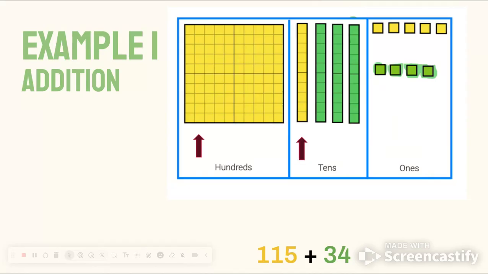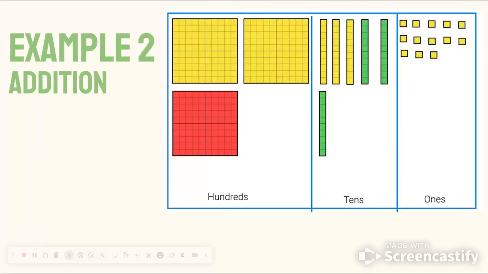So again, 100, the 10, and then we count 1, 2, 3, 4, 5 of the ones. So we get 1 plus 1 plus 1, and then the 10, also 1 plus 1 plus 1, and then 10 plus 10 plus 10, and then we will get 1 hundred, 4 tens and 9 ones, which will give us our sum of 149.